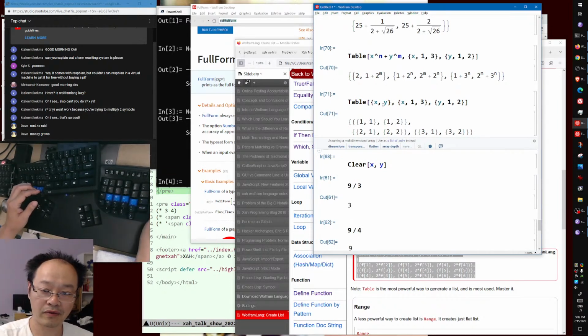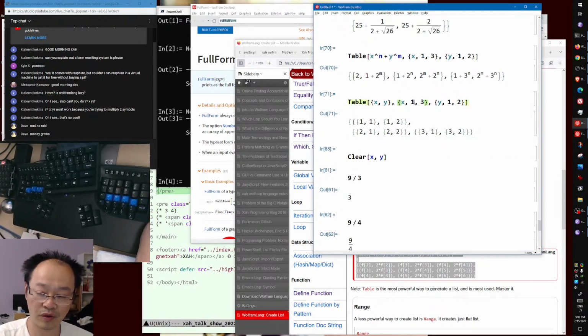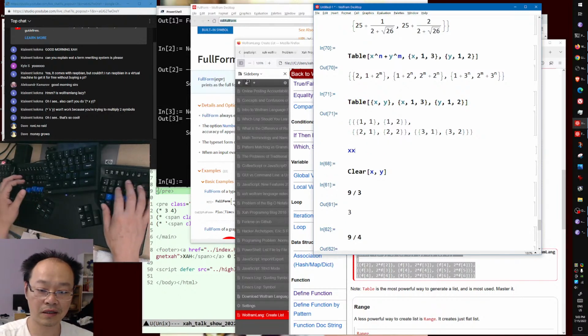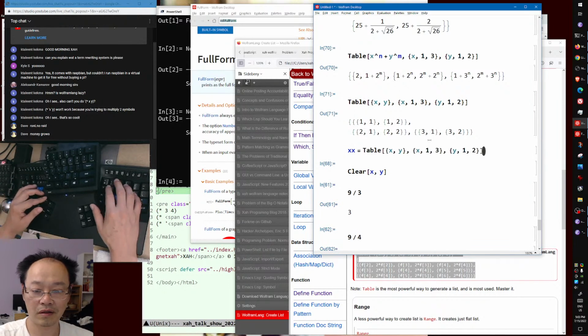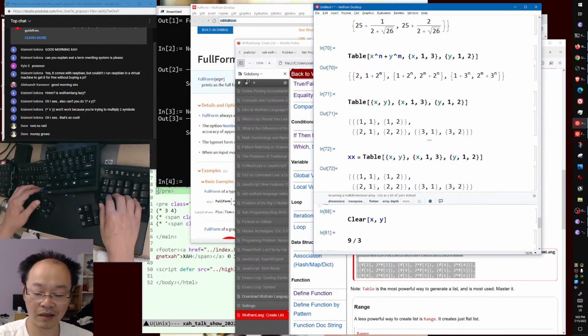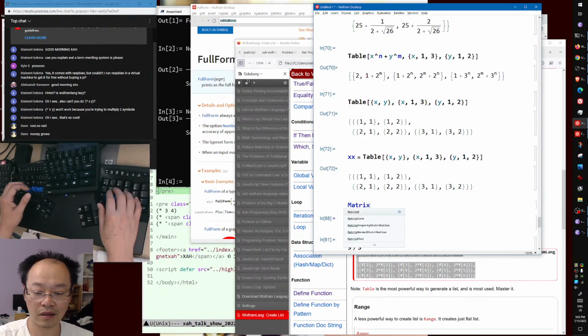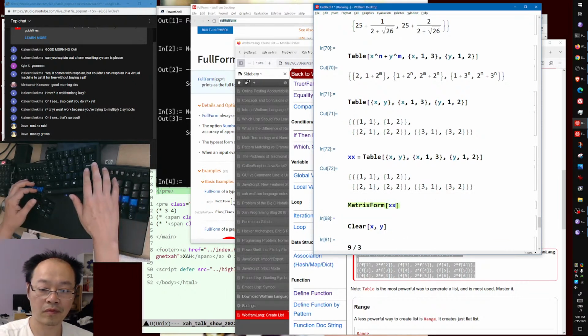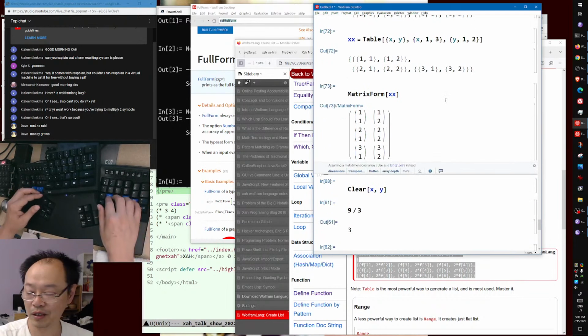For each x you iterate x equals 1 to 3, then for each y you repeat. So you can show the result. Let's say xx equals that. You can say matrix form, so it shows you the matrix form.